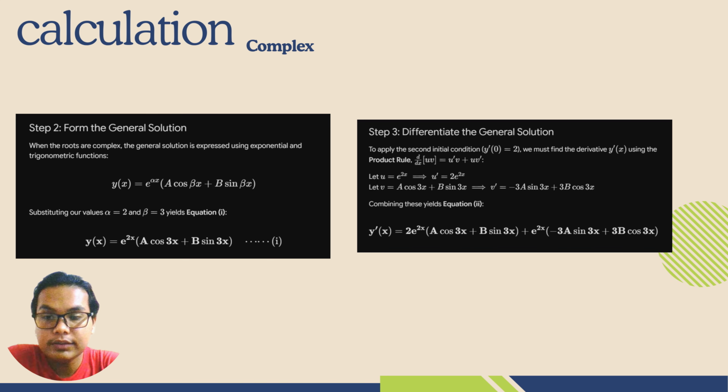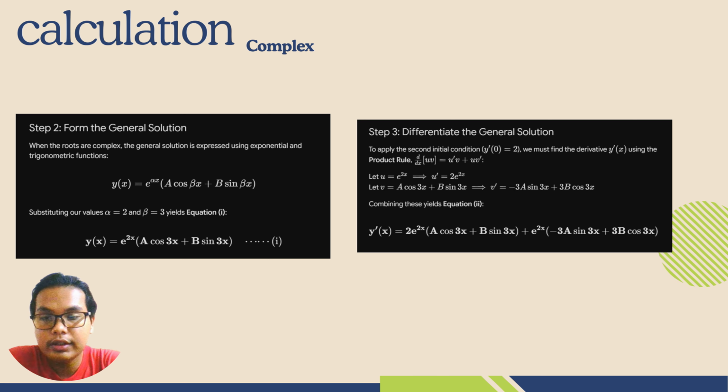So the next step is we need to differentiate this equation. Particularly for this question, we will use the product rule so that it will be much easier. First of all, we will let u equals to exponent 2x, and then we differentiate the exponent power of 2x.